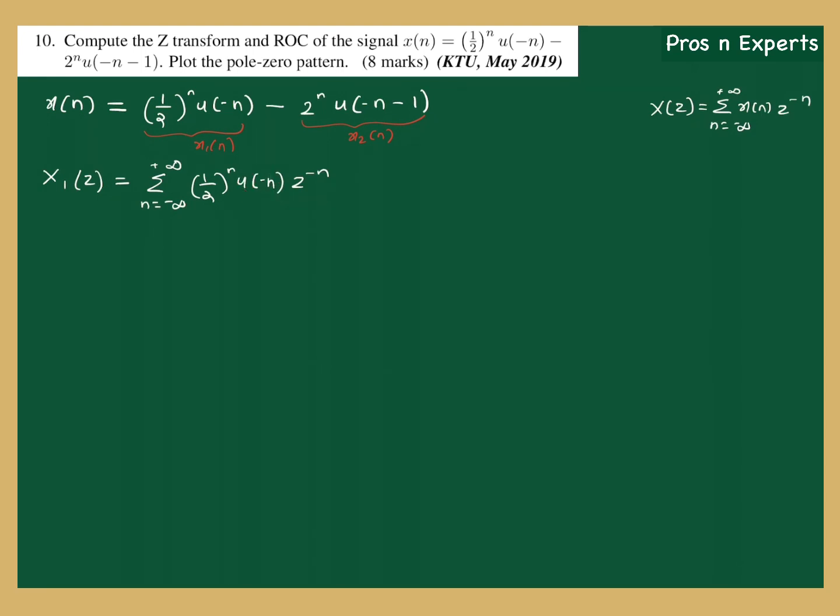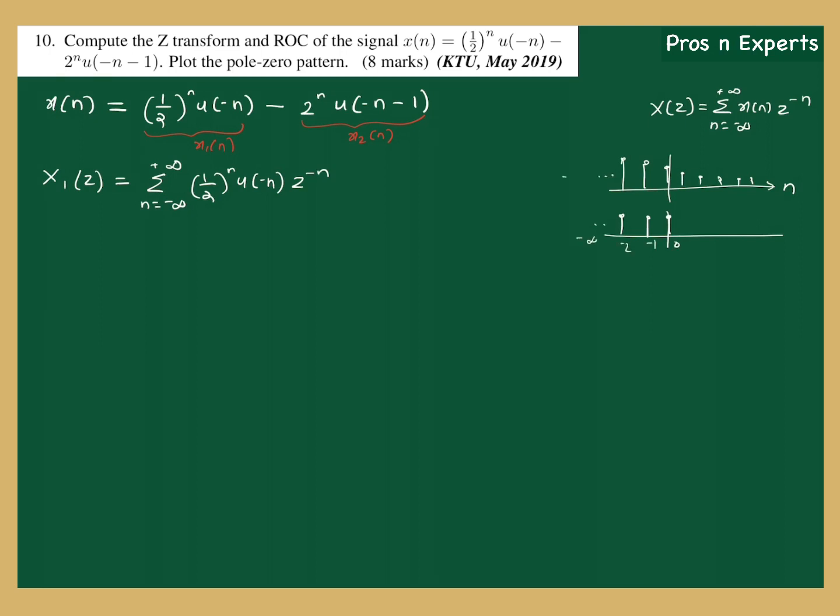The signal is half raised to n multiplied by u of minus n. That means this is half raised to n, a decaying exponential signal in discrete time domain, and that is being multiplied with u of minus n. U of minus n is a reflected version of u of n. So it starts from 0, minus 1, minus 2, etc. goes to minus infinity.